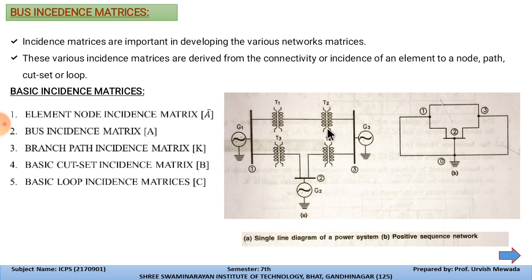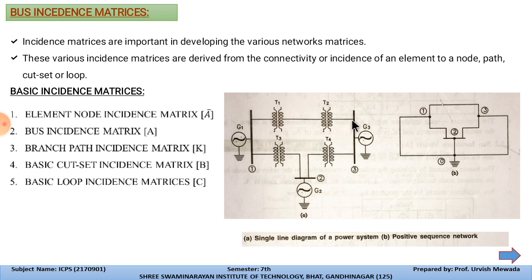Now here we have a single line diagram of a power system having three generators and three buses. Here you can see that this is the generating station, and with G1 bus number 1 is connected, and after bus number 1 we have two lines. With the interconnected line, we have two transformers, both connected in series, T1 and T2.